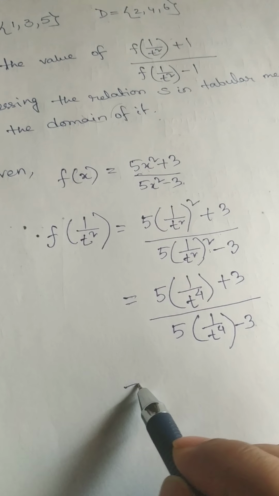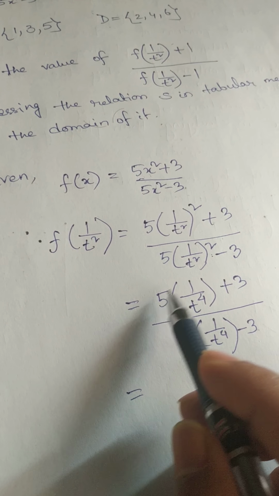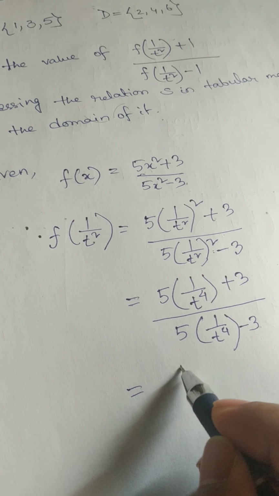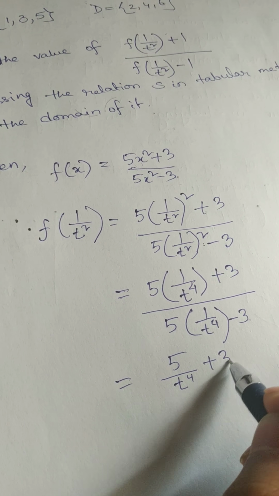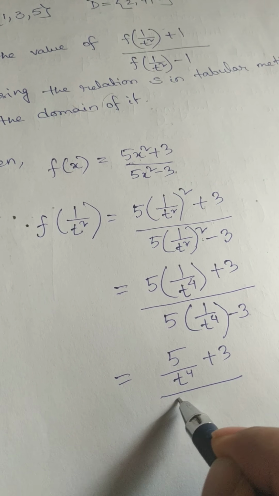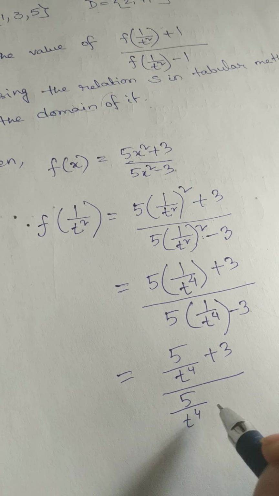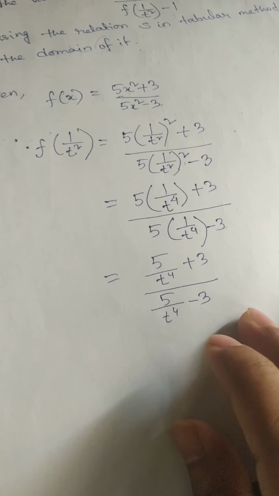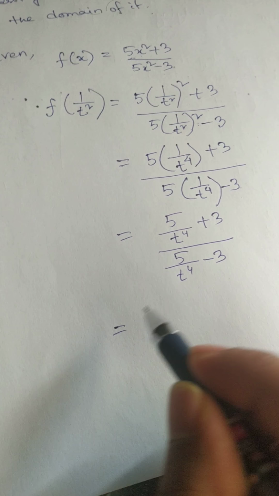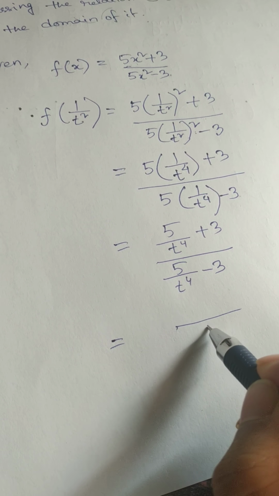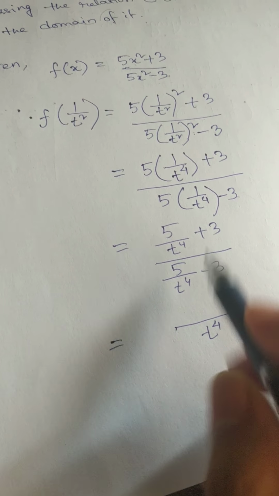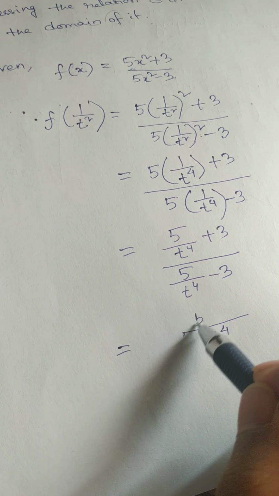Now if we multiply, 5 into 1 is 5, so we can write 5 by t4 plus 3 divided by 5 by t4 minus 3. Next, if we try to find the LCM, we can write t4 first, 5 plus 3 t4.